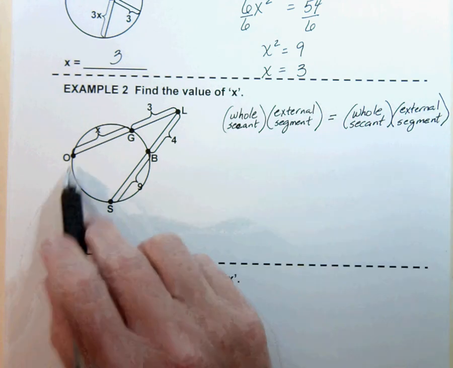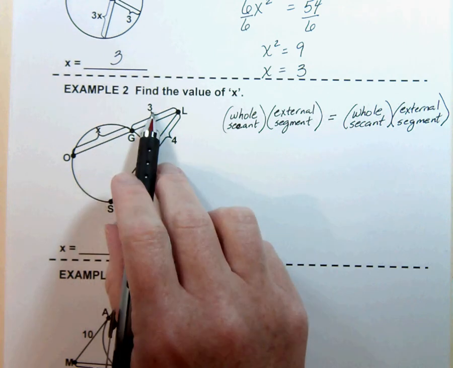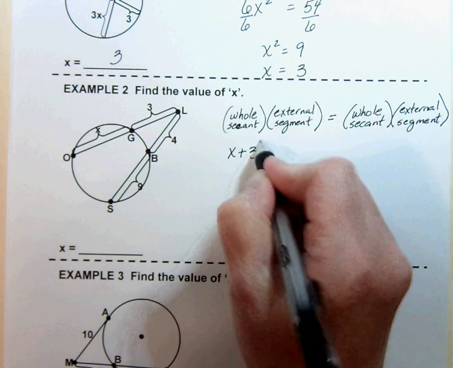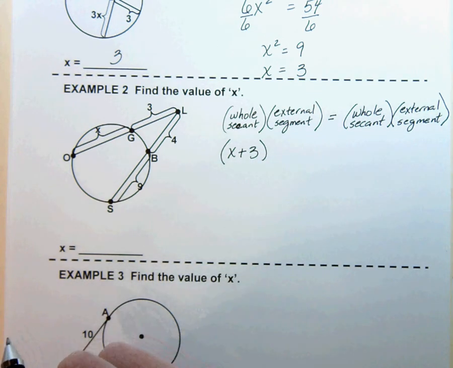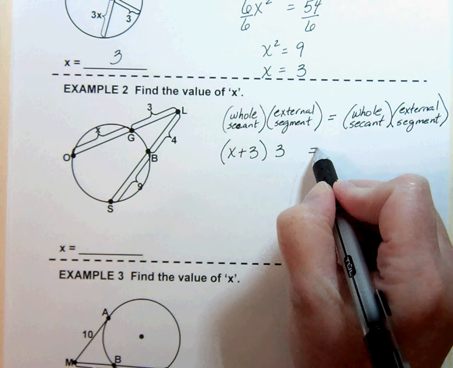Let's start with the top one. The whole secant here, since they've labeled this one x and that one 3, you would have to add those two. Now I'll just give you a hint. Anytime you're putting a variable with a number to show the entire length, make sure you put it in parentheses. The external part is the 3, the one on the outside part of that secant.